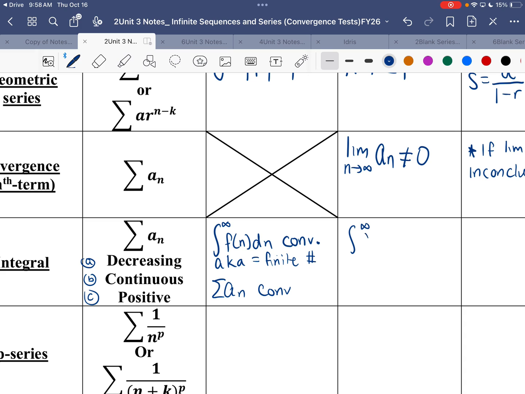If you get your integral diverges, equals some kind of infinity or not existing thing, like ln of 0 does not exist, then the series diverges.